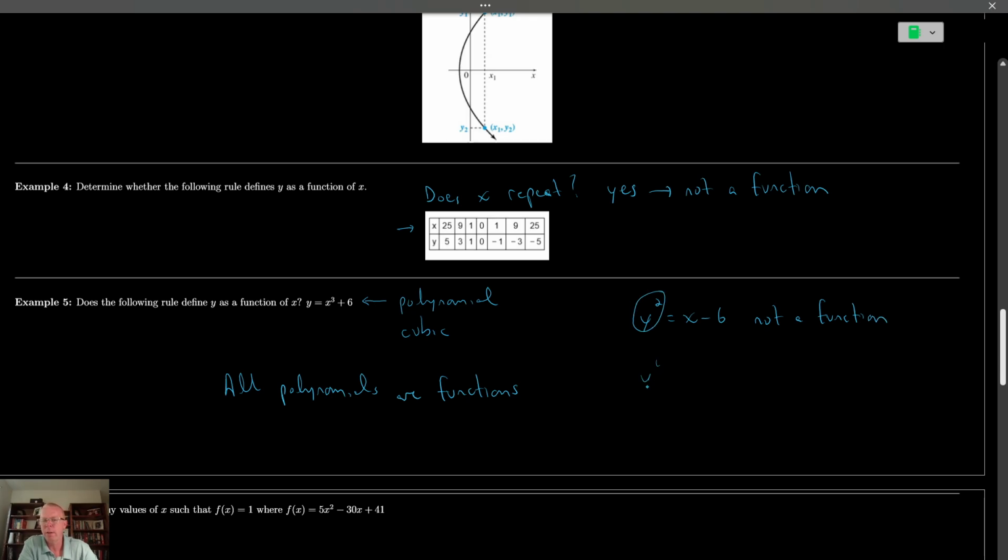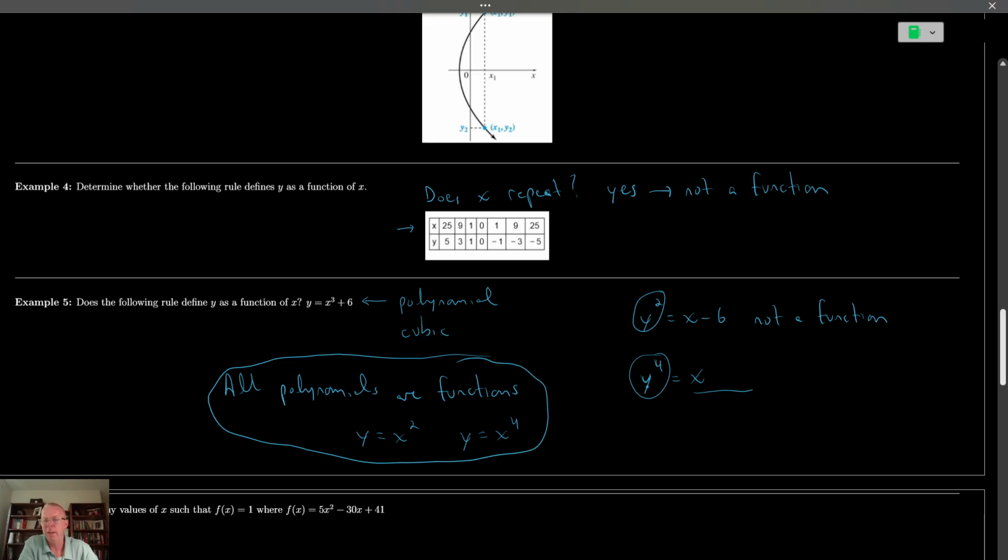Or if you have y to the 4th equals x, or any even exponent with a y, it's not going to be a function. Now, if you have y equals x squared, or y equals x to the 4th, these are functions. Those are polynomials. But if you have y squared, y to the 4th, etc., those are not functions. And for the most part, I think in this class, this would be the only non-function that we would see.